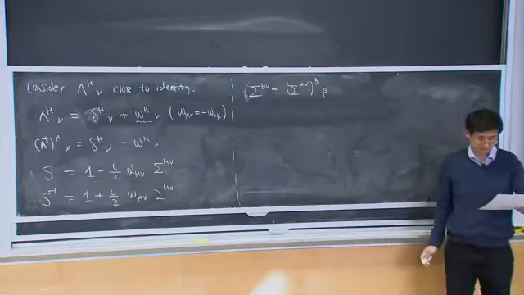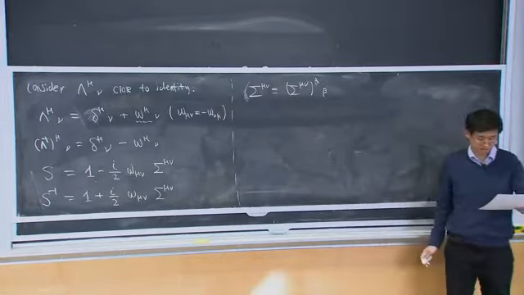Now you just need to plug this S and S minus 1 into this equation, expand both sides to order omega, and equate the coefficients. From that, you determine the sigma.